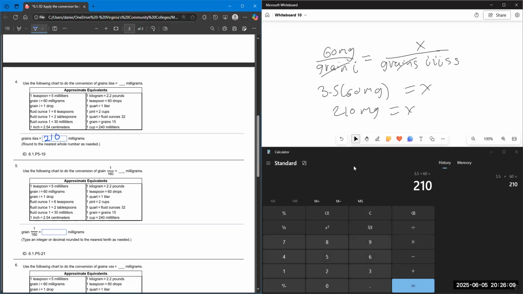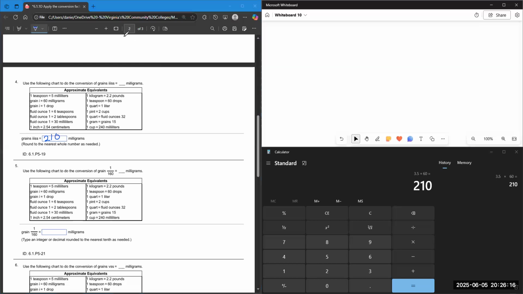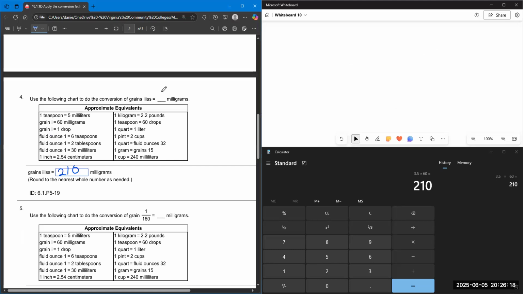Now we have 1/160th of a grain. So grain 1/160th, and grain 1 is 60 milligrams.